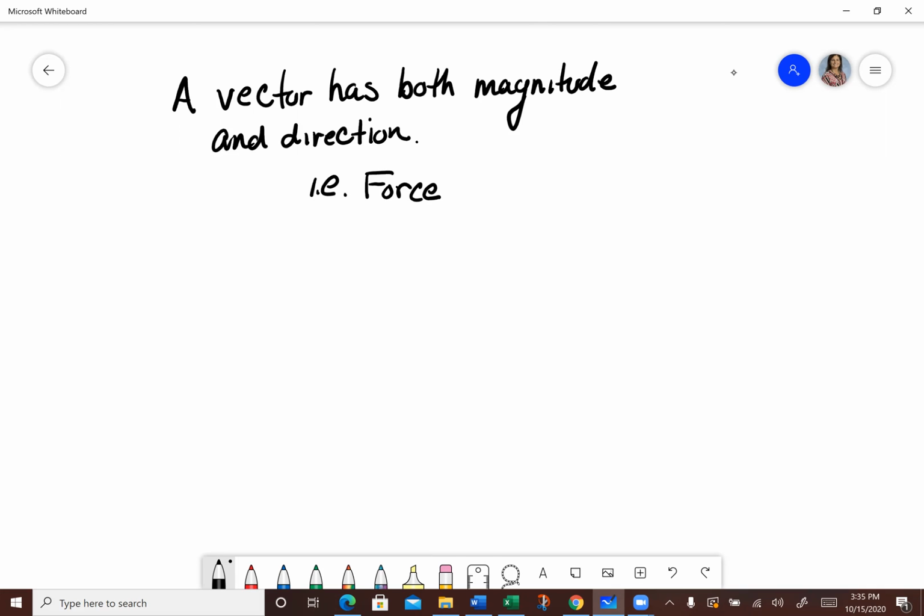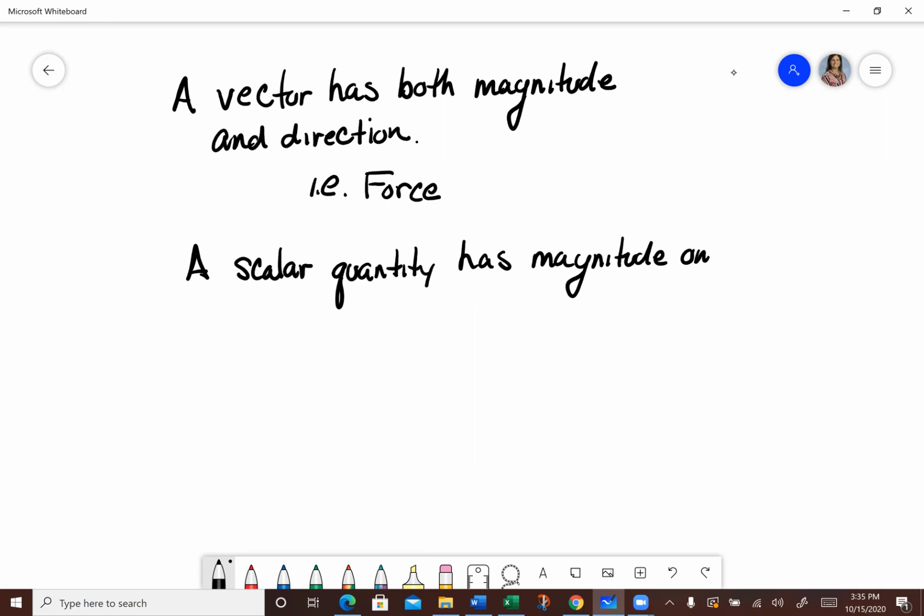A scalar quantity has magnitude only. For example, charge, we're dealing with charges and the electrostatic force between them, mass, objects moving, time.